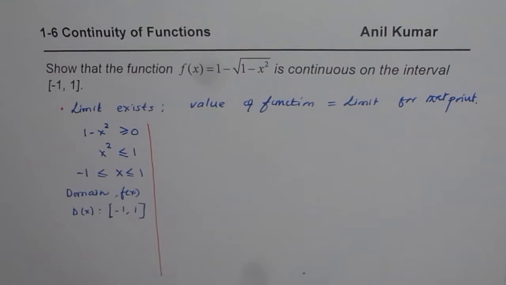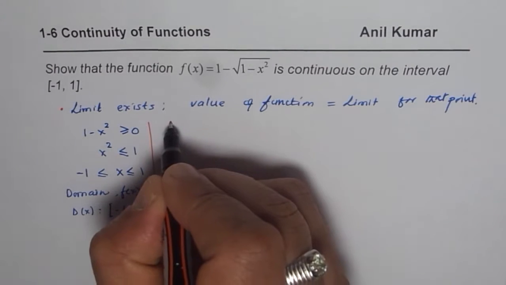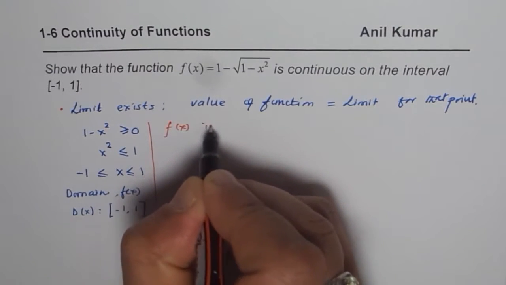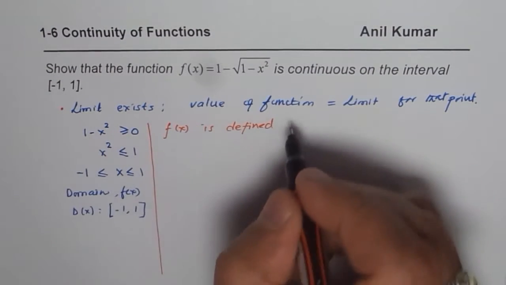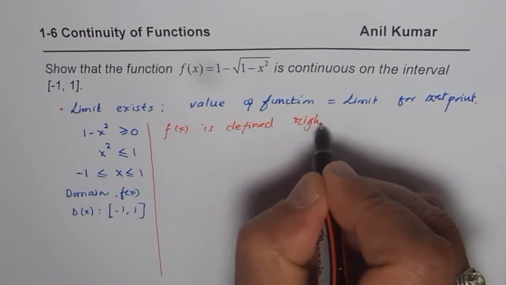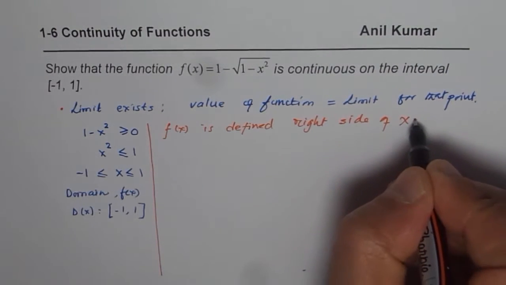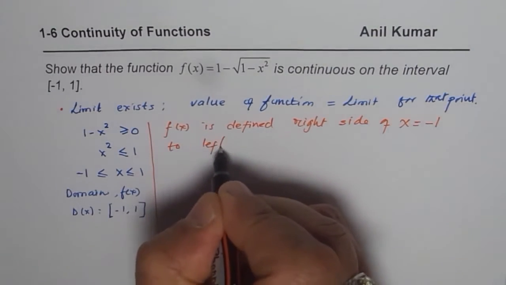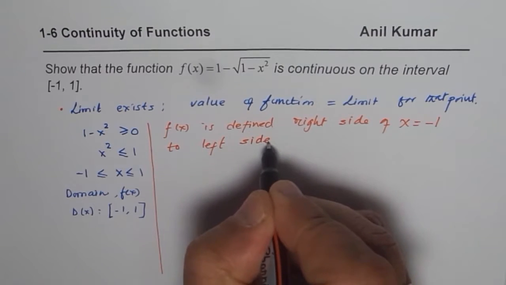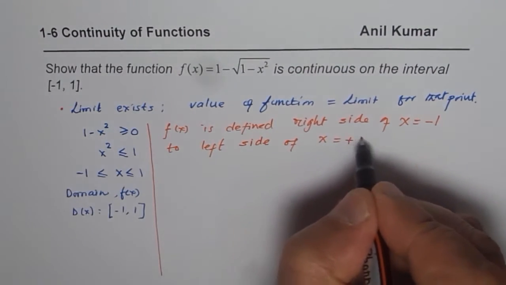So in such functions, we also consider that this function is defined. Our function f of x is defined from the right side of x equals minus 1 to the left side of x equals plus 1, right?